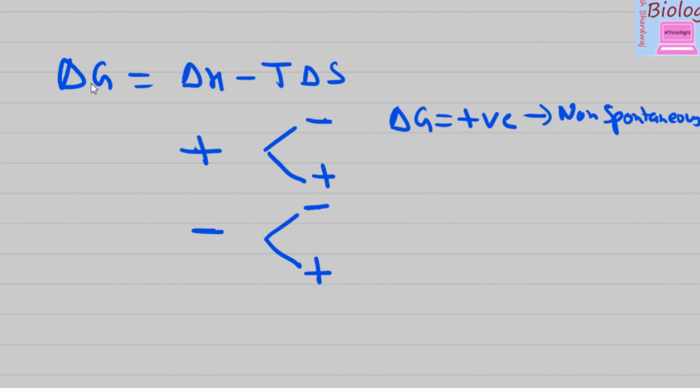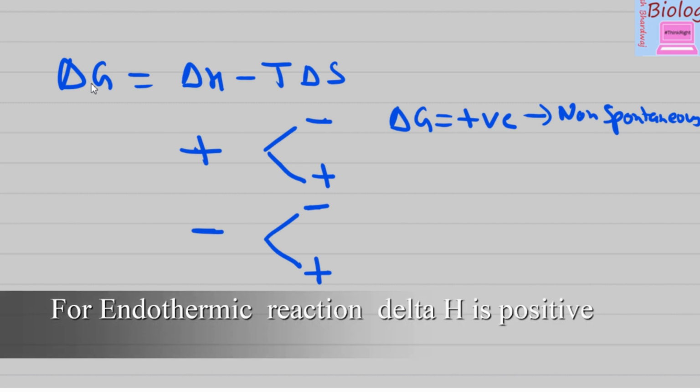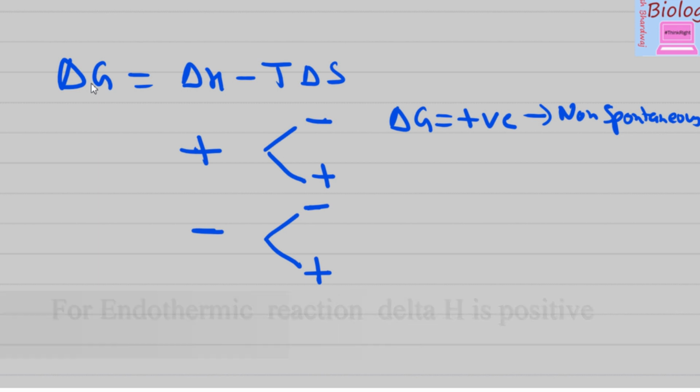Next, come to the situation where the value of delta H is positive and the value of delta S is positive, meaning the entropy is also increasing. So what is going to happen? In those cases the value of delta G is going to be negative. Such reactions are going to be spontaneous if the value of T is much higher.